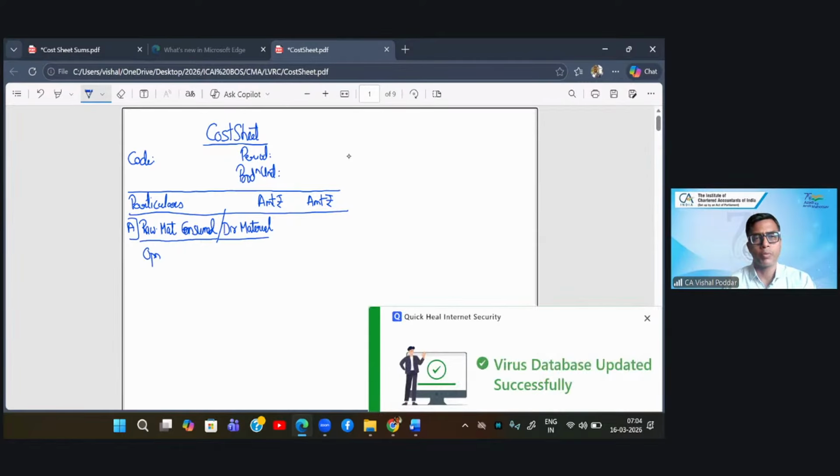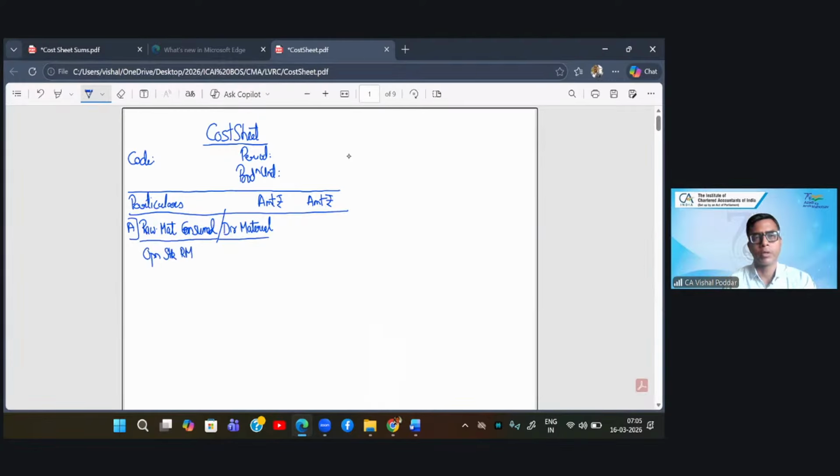You have to find out the opening stock of raw material, to that add purchases of raw material during the period, add further expenses relating to purchases, and subtract the closing stock of raw material. All these figures you will take in the inner column, and in the outer column you will have the final figure of raw material consumed.